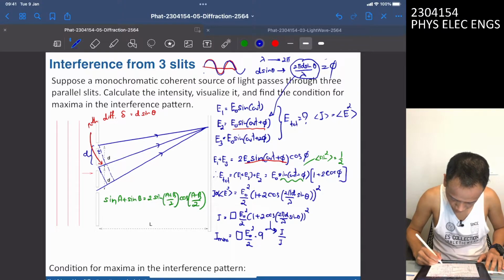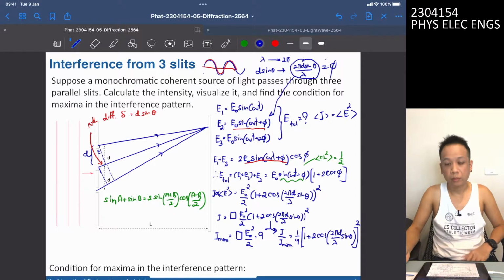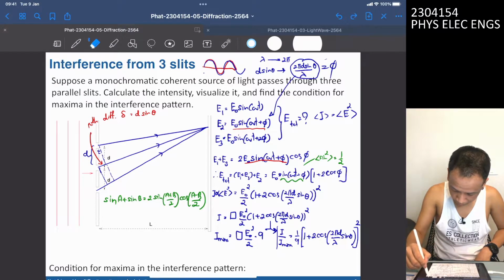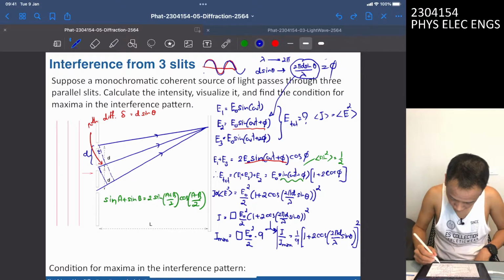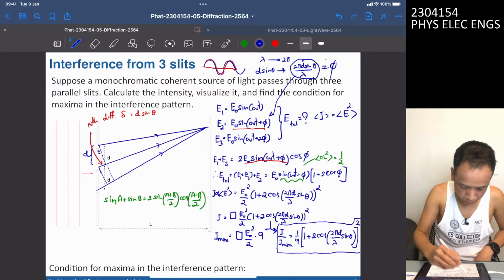I over I max becomes 1 over 9, 1 plus 2 cosine 2 pi d over lambda sine theta, and then you get the square here. So this is what you will get.